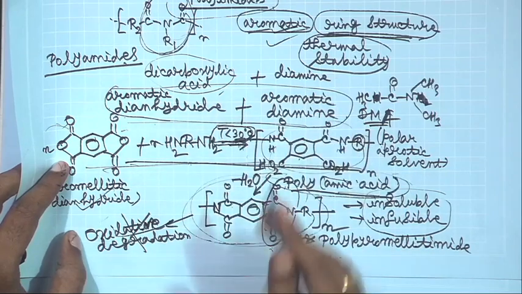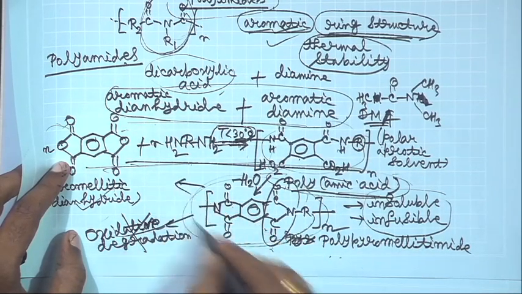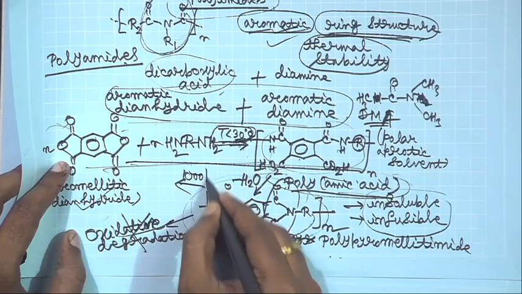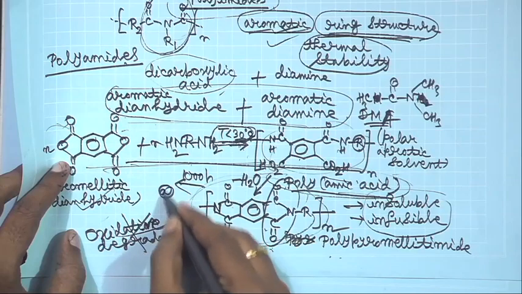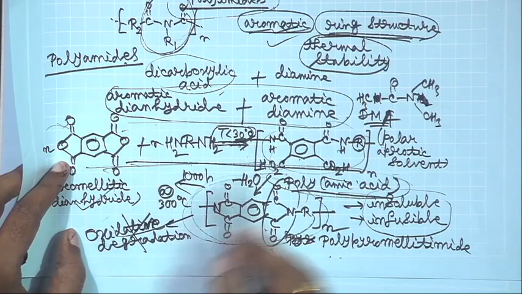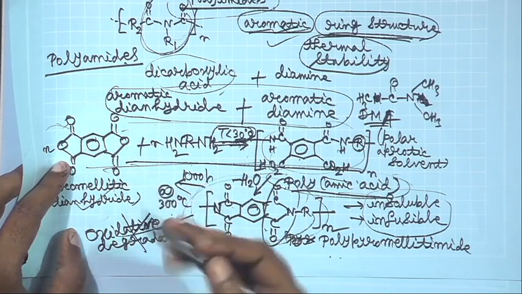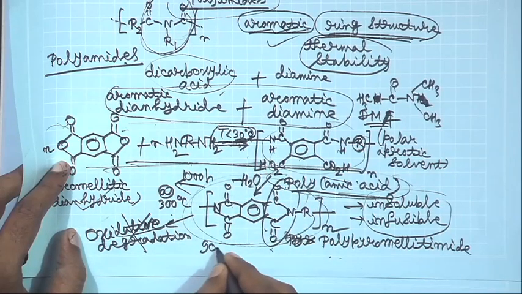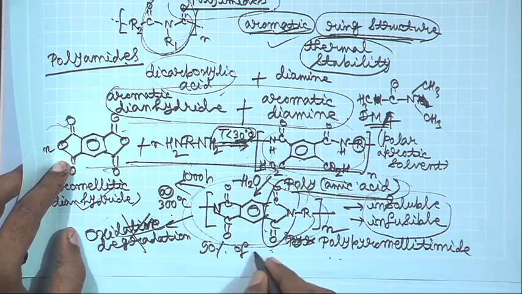Now, something I am going to tell you is an experimental fact: it has been shown that if you expose these materials for 1000 hours to air at 300 degrees Celsius, which is an extreme condition, the polymer retains 90% of its tensile strength. This family of polyimides retains 90% of its tensile strength.